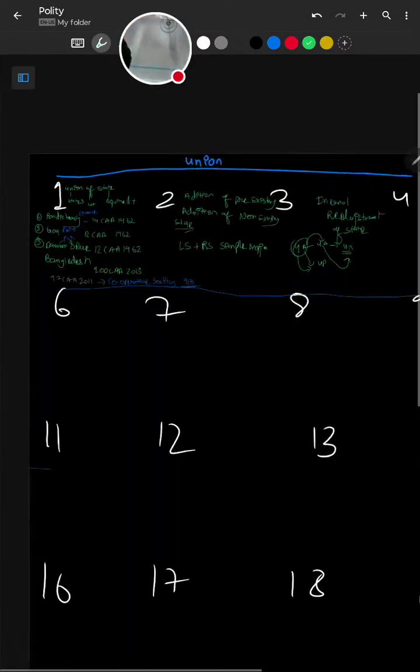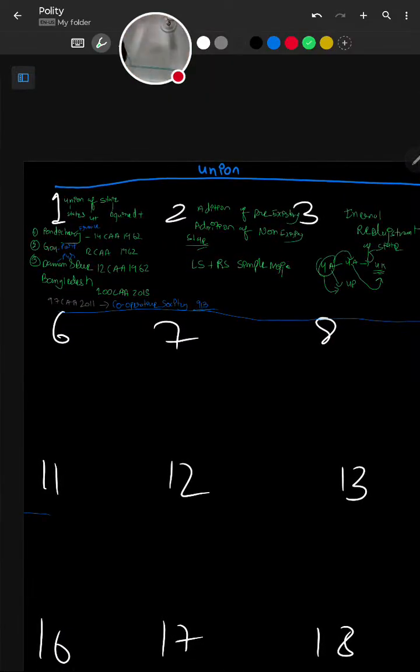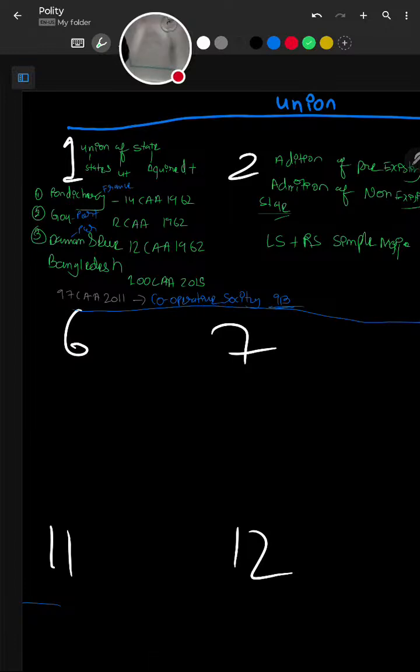Now Article 6 says that a certain person who at the time of independence lived in Pakistan and came to India at the partition would be considered a citizen of India if he came to India prior to the date of 19th of July 1948.